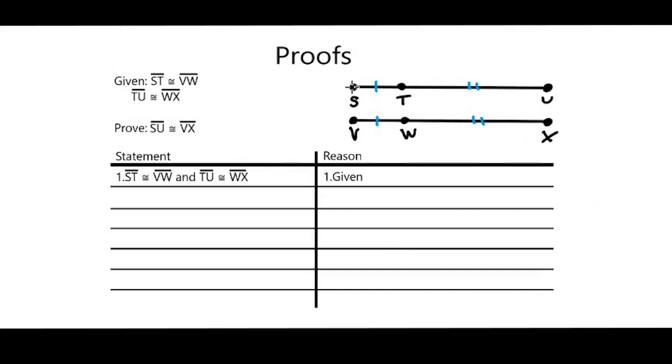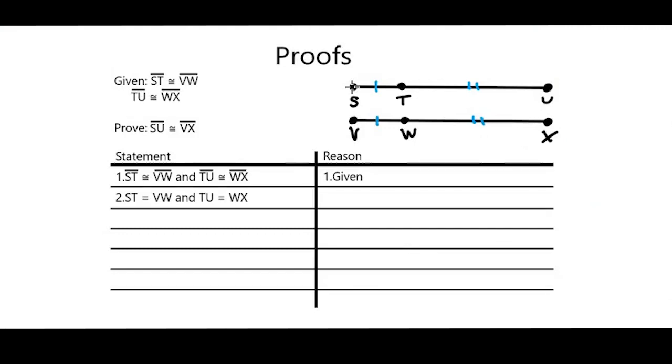Now be mindful that I'm putting these numbers in front because I need to number my statements and reasons. So remember to do that. Next, statement number 2 is that the measure of line segment ST is equal to the measure of line segment VW, and the measure of line segment TU is equal to the measure of line segment WX.